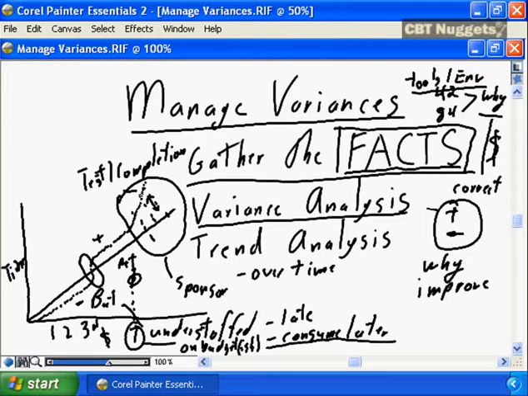Now the trouble hits. Now you're seeing the significant variance from your baseline. You do your gathering of the facts, you do your variance analysis, you understand why, you see what you can do to improve. And maybe this is one of those situations we hate to be in as a project manager. We understand why, that the testing activities are taking longer, it's taken longer to complete the project than anticipated.